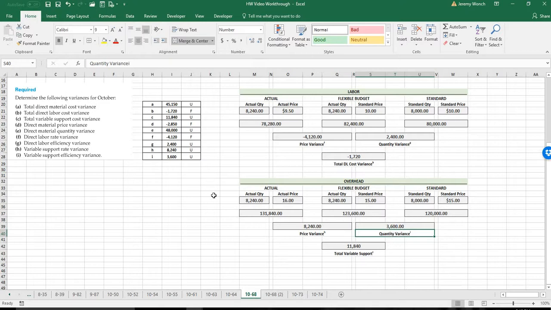So we actually had more hours. So overhead, we actually had more hours and a higher price, which made up a total of 11,840.